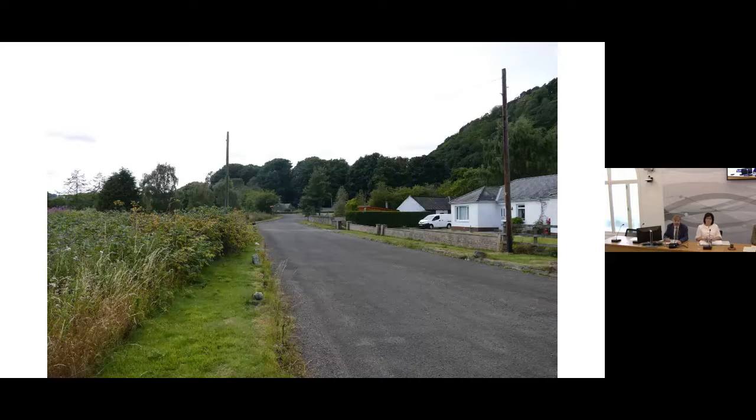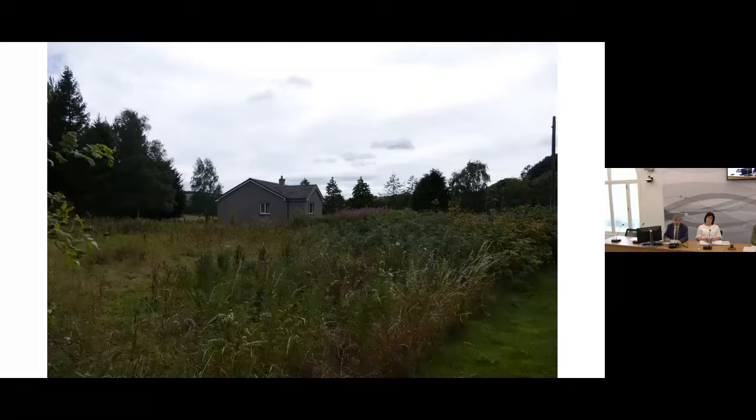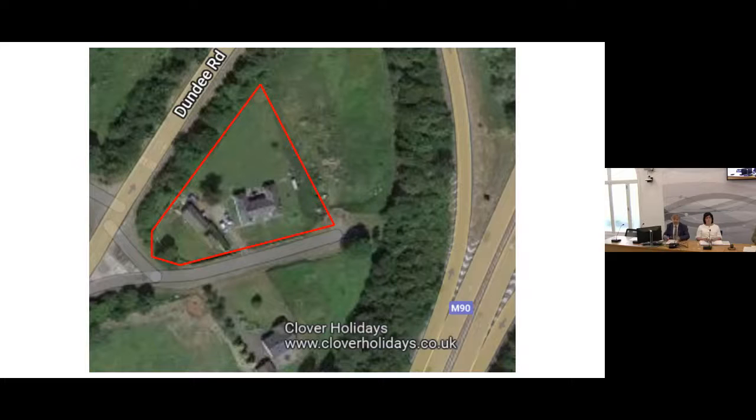Next slide, please. And looking at the bungalow a bit more fully, we can see the land rising behind it fairly steeply. Next slide, please. And that's looking from the road towards the other small bungalow that's adjacent on the other side of the access road. I think that might be all the slides. Yeah, so back to the beginning.